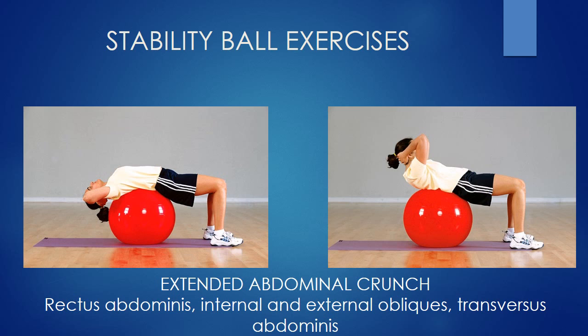But here, as the exercise is performed on an unstable surface, studies show that this increases the electromyographic activity in not only the prime movers, in this case the rectus abdominis, but also in the stabilizing muscles, such as the external obliques, the internal obliques going this way, the transverse abdominis going this way, and then also in the lumbar paraspinal muscles, and even here you can see in the gluteal and hamstring muscles, there's quite a bit of stabilization going on.